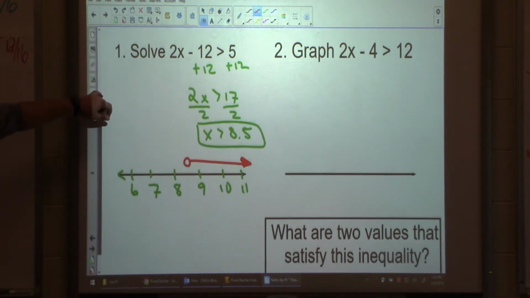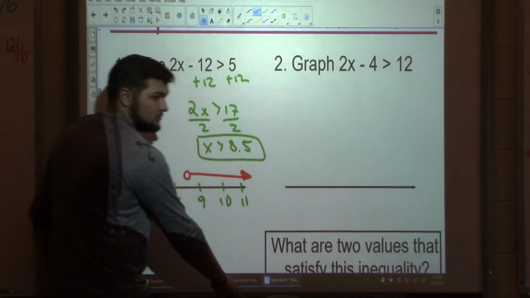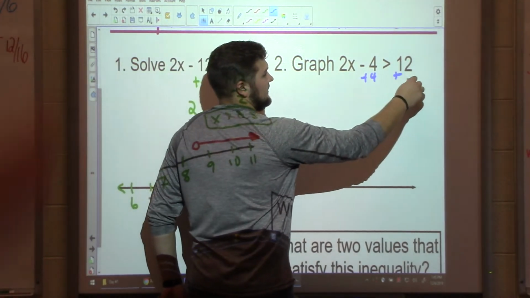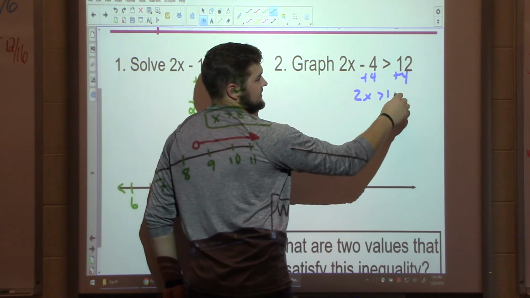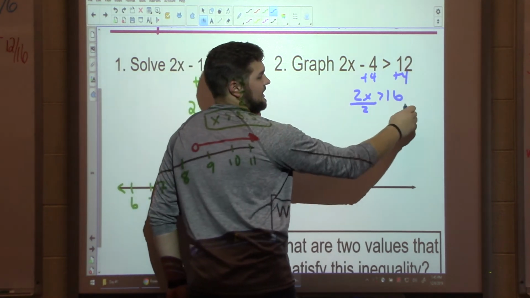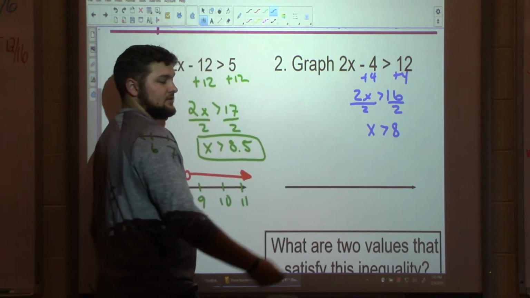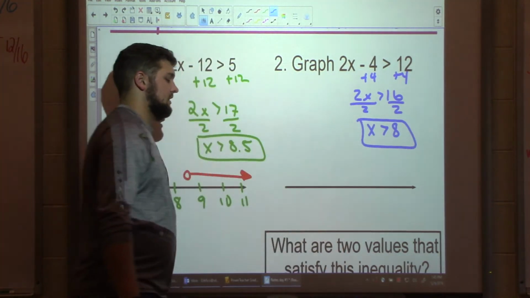All right. Second one. 2x minus 4 is greater than 12. Well, add 4. 2x greater than 16. Divide by 2. X is greater than 8. So I've solved it. And now I need to graph.